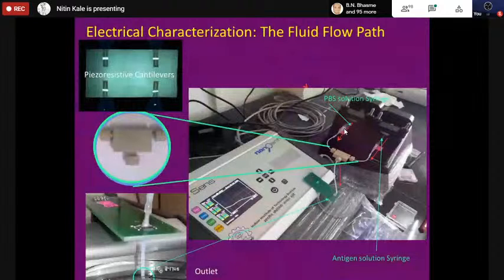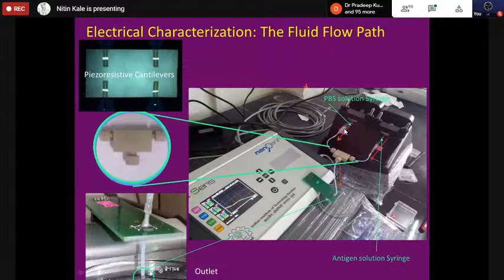So how do we do that? The method is like this: we use a setup which is shown here. This setup has the electronics which is required to monitor the resistance of the cantilever. The monitoring is done practically about 4 to 8 times a second of all the cantilevers.